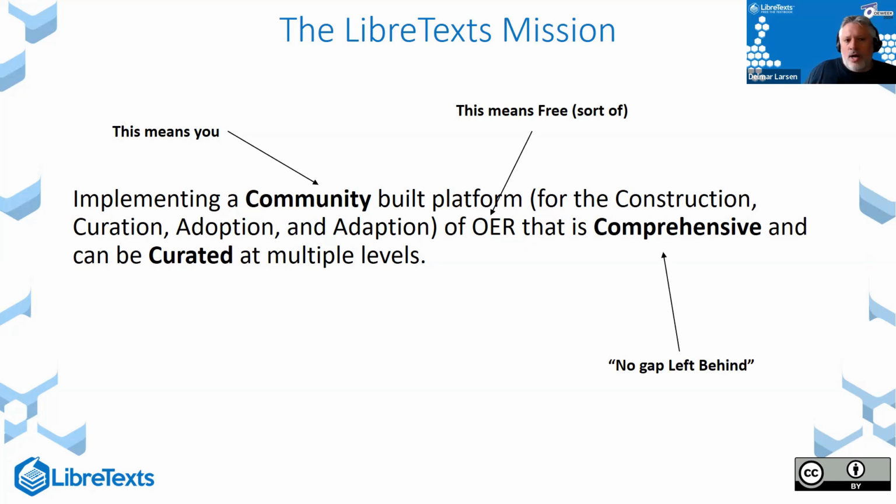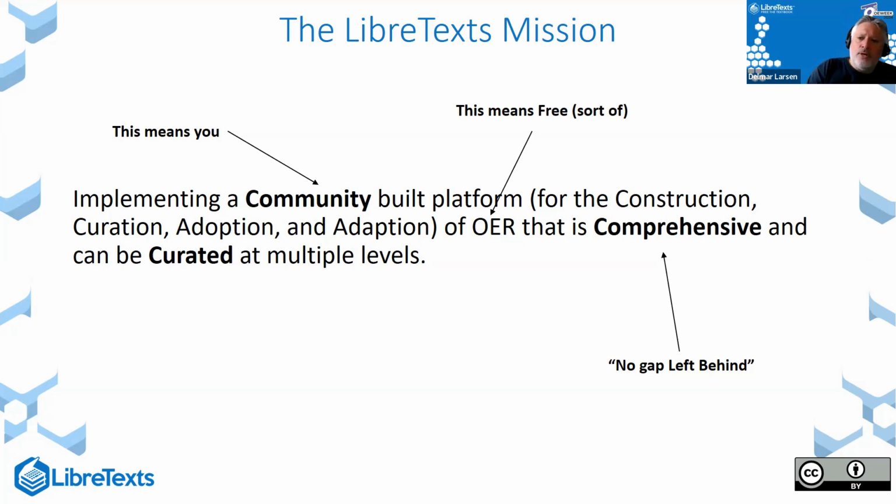Comprehensive. So while the LibreTexts project was born out of a chemistry project, it expanded over the last 16 years into other physical sciences, then into the other STEM fields, and ultimately to all of academia. So we have an interest in pursuing a no gap left behind policy.